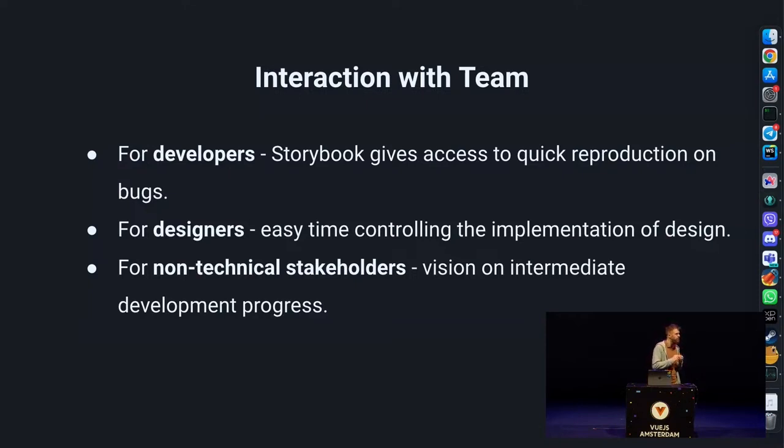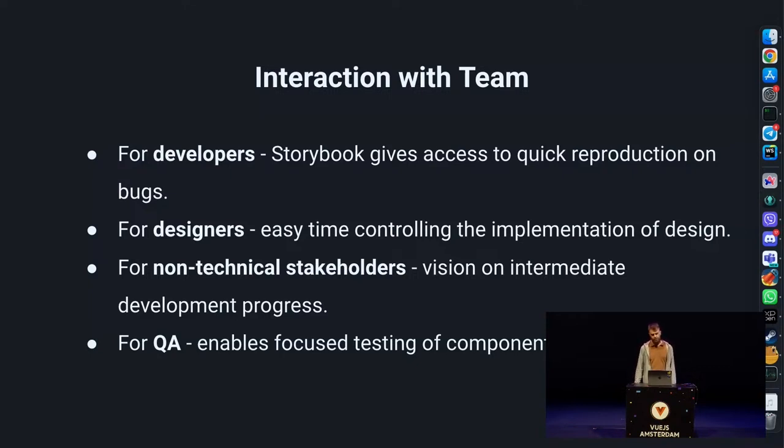By that I mean, let's say you have a big component you're working on, maybe for 2 months or some period of time. And stakeholders have no real way to know what you're doing, unless you go and show them what's on your screen. And with Storybook, they can check your intermediate progress and be happy about it.